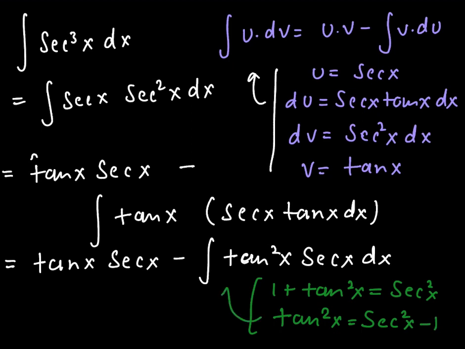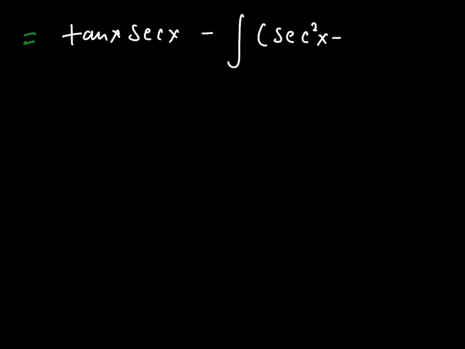We would plug in this value in here, so we would have tangent of x times secant of x minus the integral of secant square x minus 1 times secant x dx.